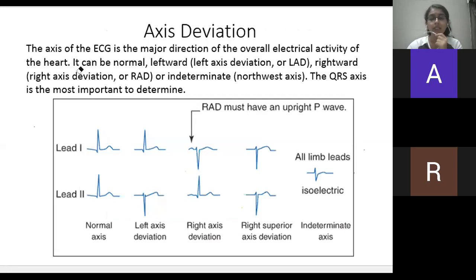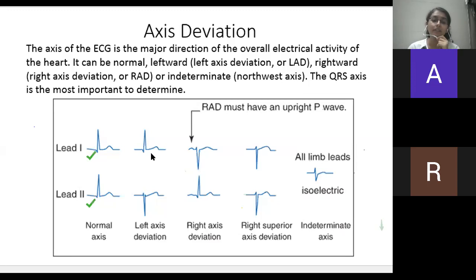It can be either normal. This is how the normal axis will look like. That is, the R wave is in the same direction, either the R wave is pointing up. Both the directions are same. So this is a normal axis.